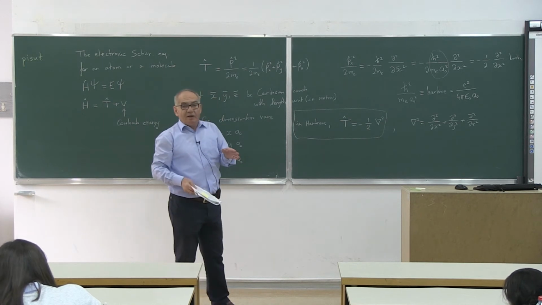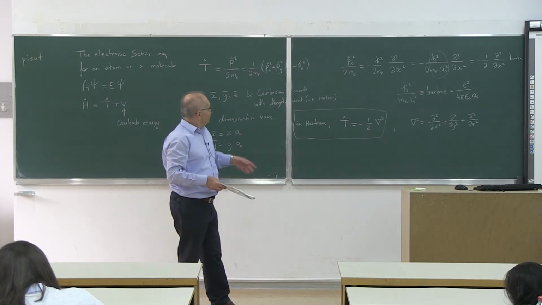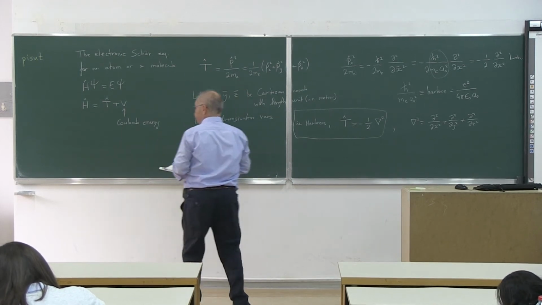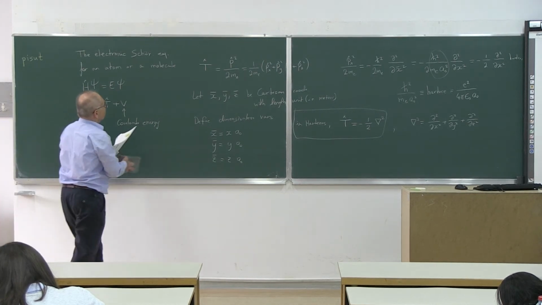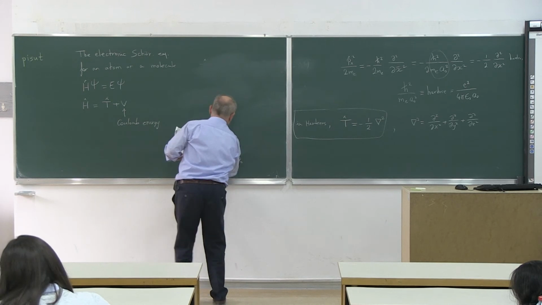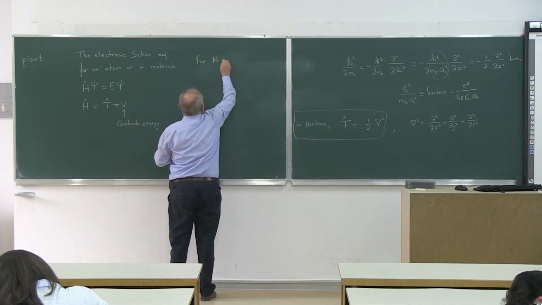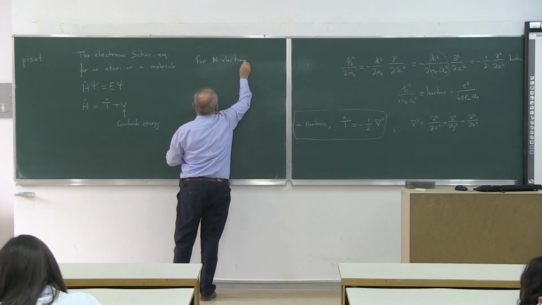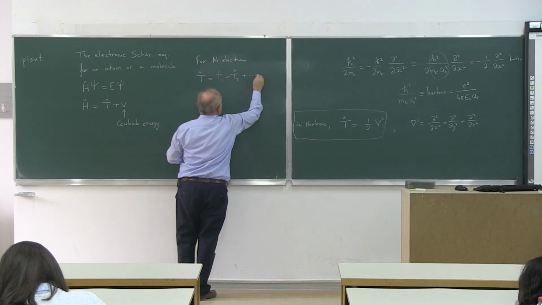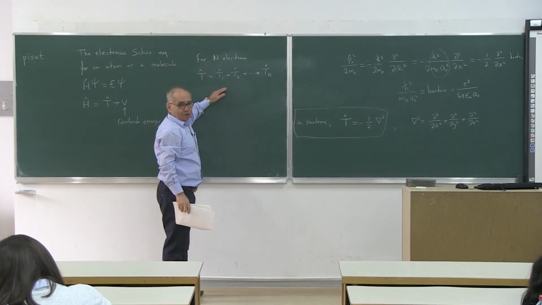All right. When we have more than one electron, and in atoms and molecules we have many electrons, the total kinetic energy operator is simply a sum of contributions from each electron.